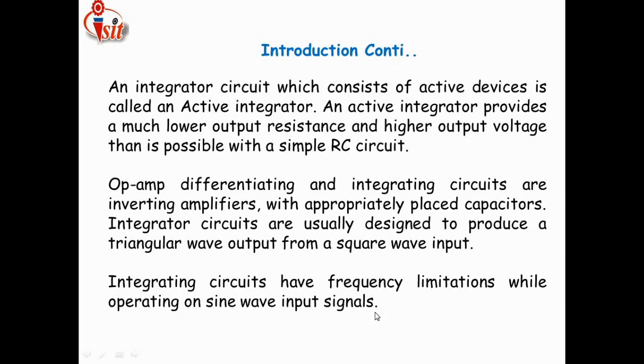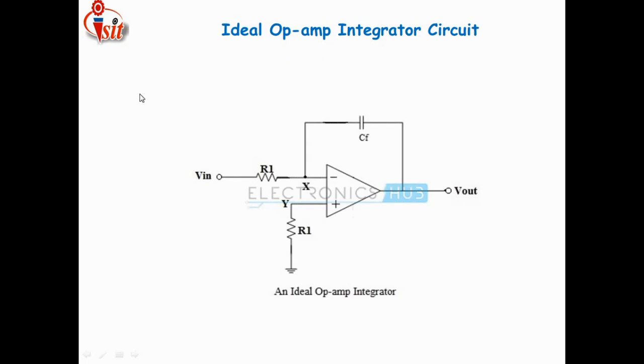Many kinds of inputs can be given to an integrator circuit, such as a sine wave or other waves, but the frequency limitation relates only to the sine wave. For the sine wave, a frequency limitation is introduced. Along with this, a square wave input is produced as a triangular wave output.